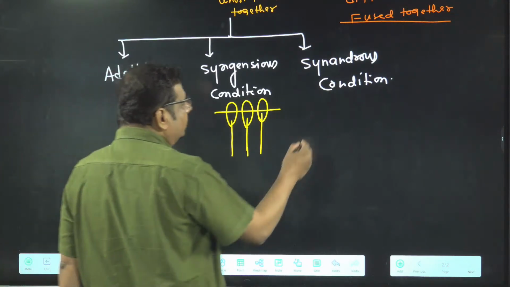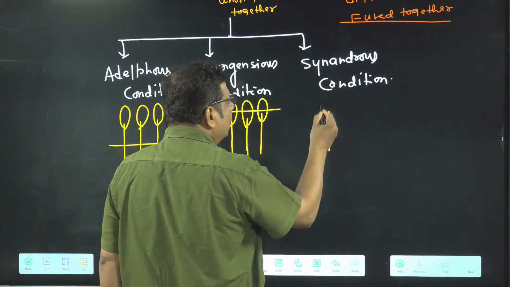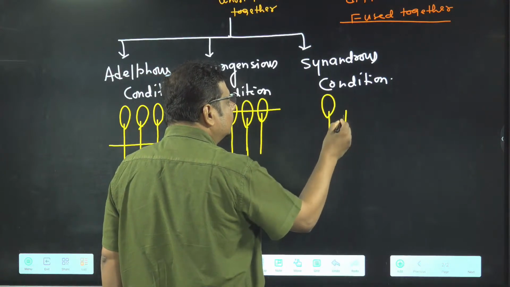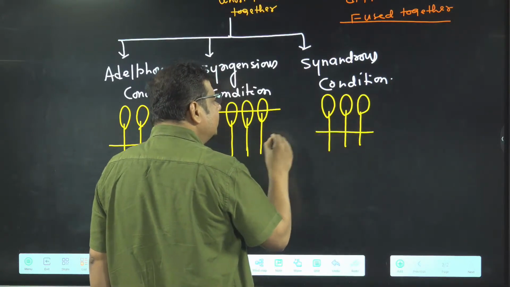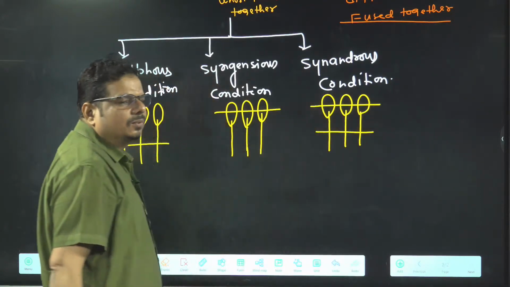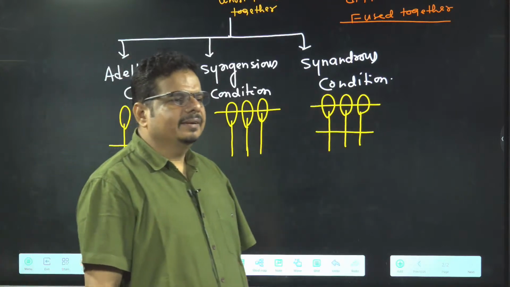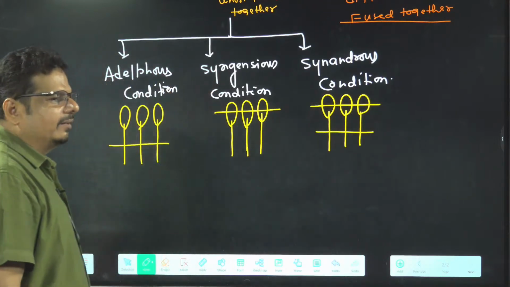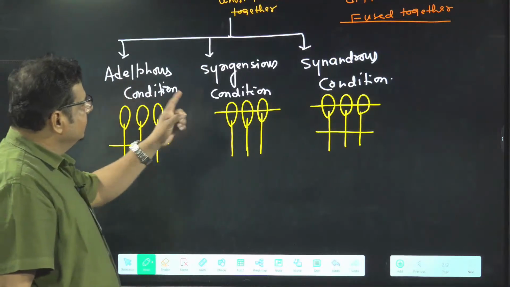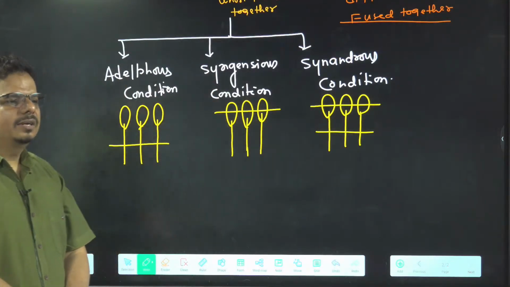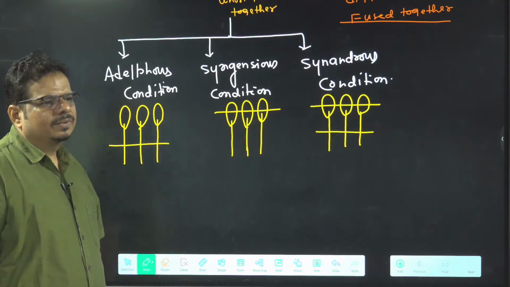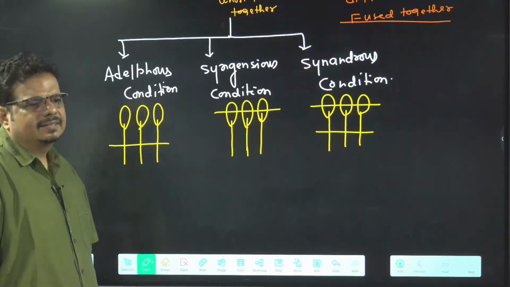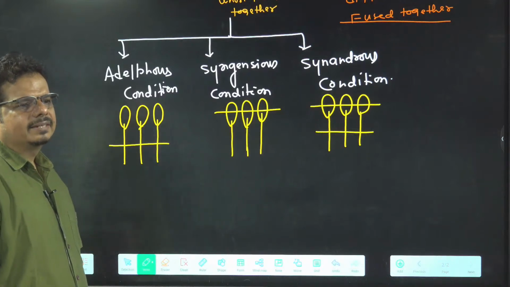And in the third condition of cohesion, who is fused? Filament also fused, anther also fused. This is called Synandrous condition. You got the differences among Adelphous, Syngenesious and Synandrous? Is it clear?